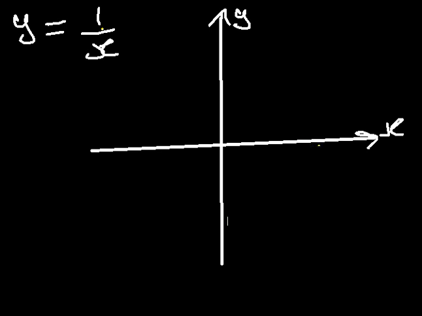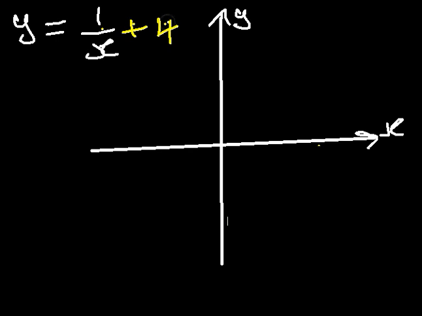Let's say we have 1 over x plus 4. This plus 4 is the translational determinant along y. Since it is positive, it will be translated upwards along the y-axis.